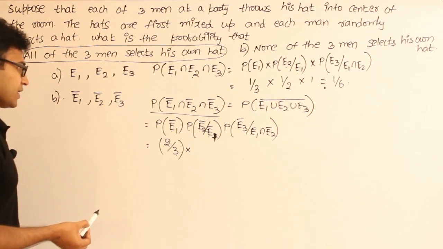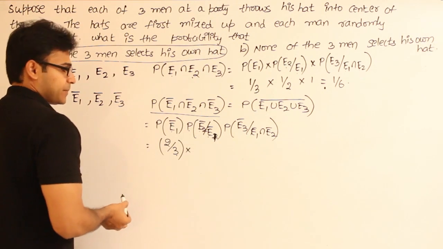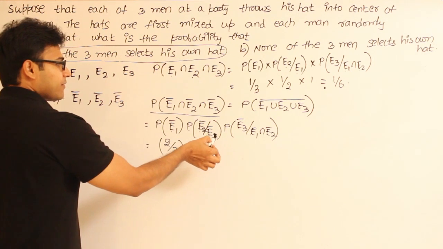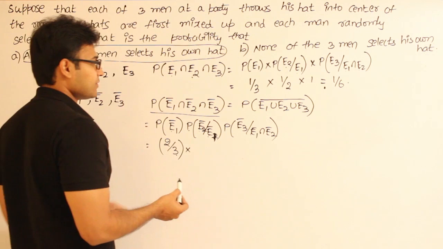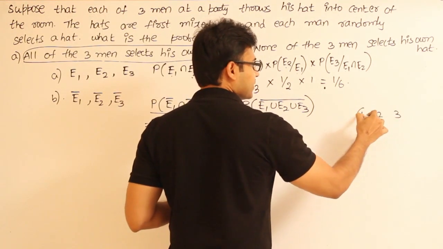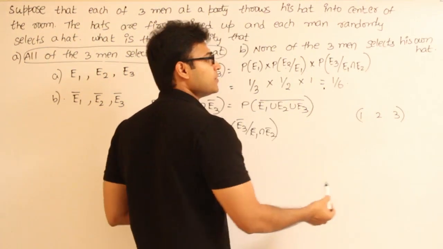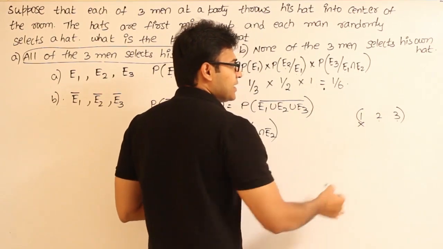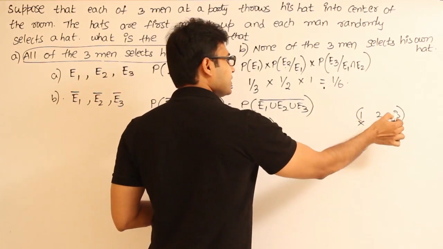The reason is, if the first one has not picked up the right hat, then there are two cases. The first one might have picked up the second one's hat. In that case, you have hat number 1, hat number 2, and hat number 3. The first one not picking the right hat means he will not pick hat 1, but he might have picked any one of the others. If he picked the second hat, then what is remaining? 1 and 3.